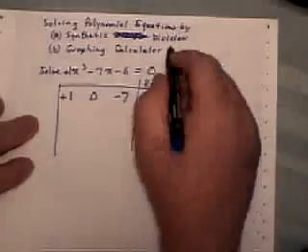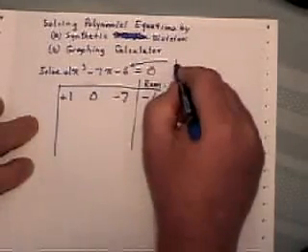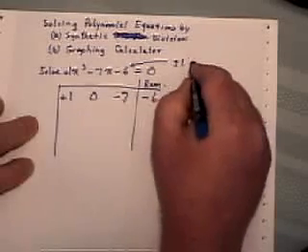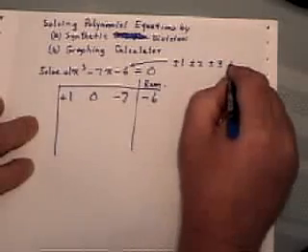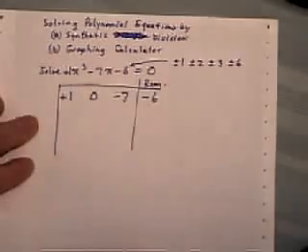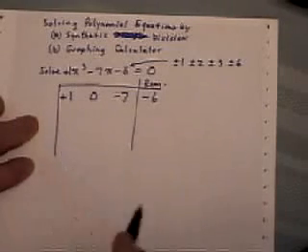Now, the numbers I choose from are going to be numbers that go into plus 6. So plus or minus 1, plus or minus 2, plus or minus 3, plus or minus 6. These are the possible numbers I'm going to be choosing from. And all I need is one hit.